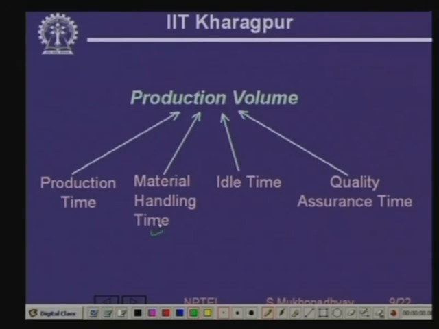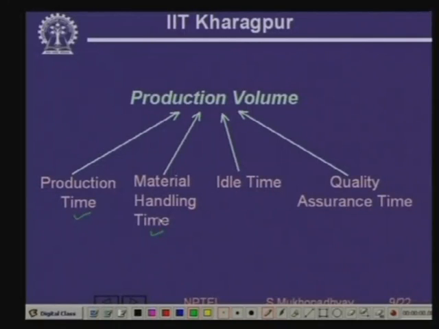So, the faster that you can take them, the faster that you can place a job on a machine and take it away from it when the machining is done, you will save in time. So, the production time will reduce because you can handle larger machines, because typically various production parameters can be reduced. So, you have reduction in production time, and you have reduction in material handling time using automation equipment for material handling.